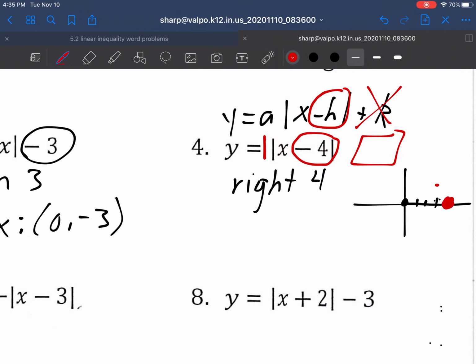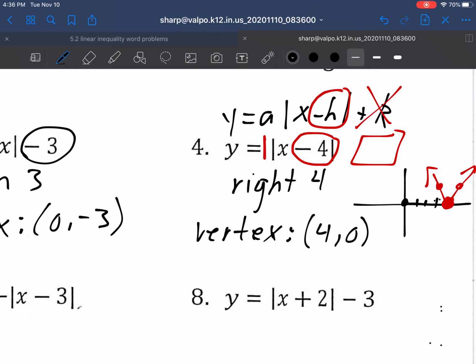And then I would slope 1 up and 1 over, which means my V would end up looking like this. Like I said, we're going to get to some graphs on the back. I'm just giving you some insight. But my vertex is now at, 4 to the right would be (4, 0), like that.